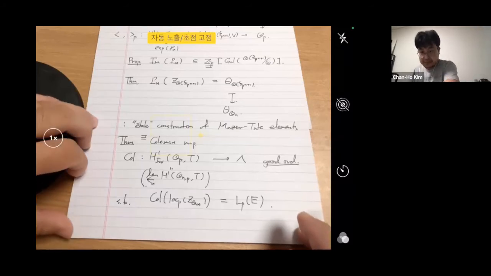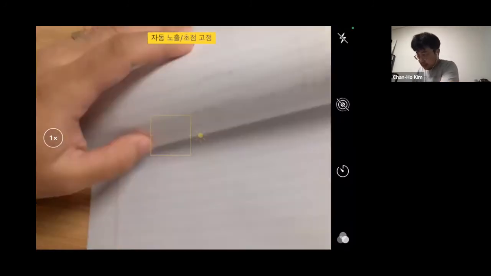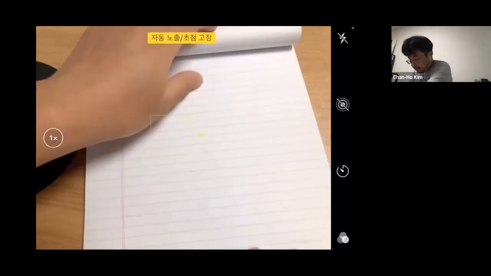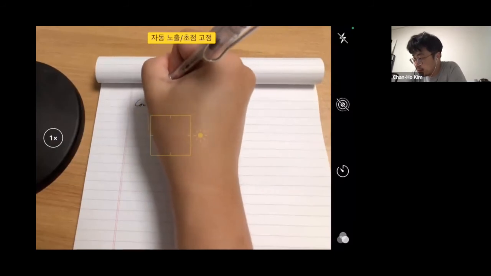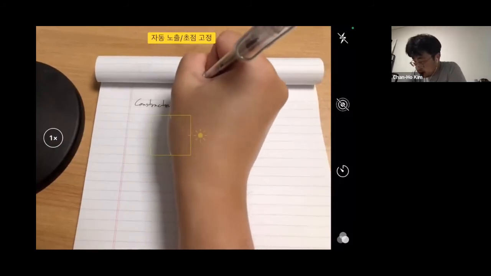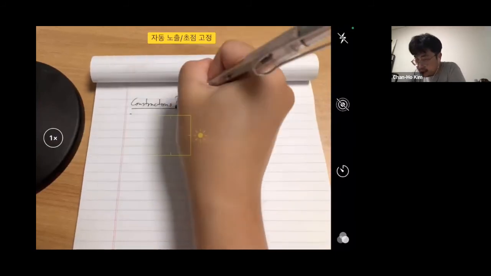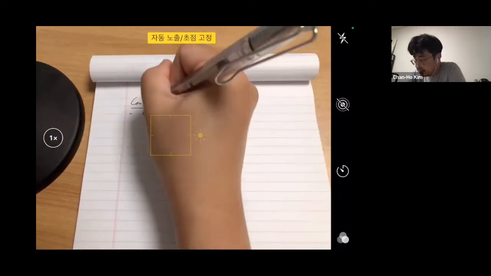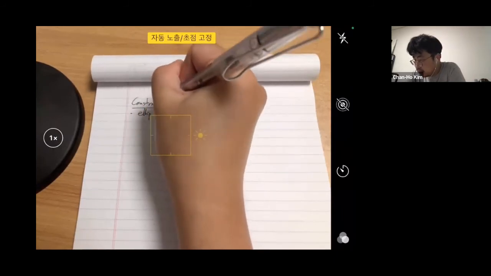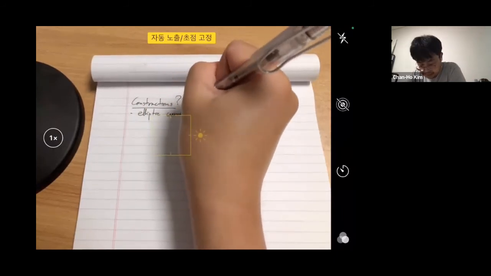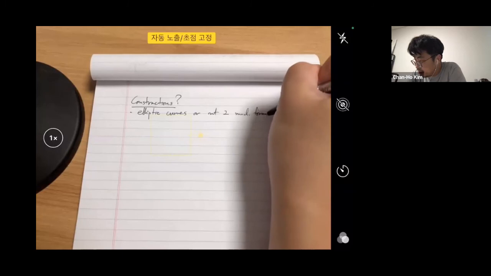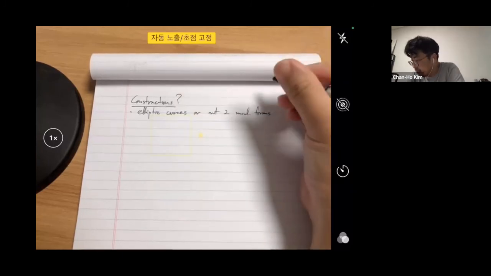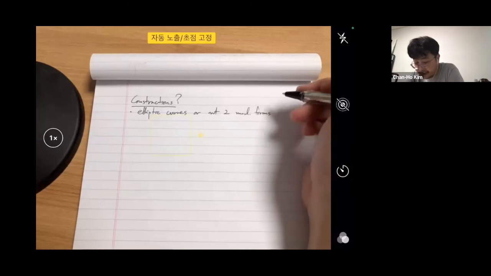So let me just say some words on the construction of the Kalman map. How do we construct the Kalman maps? When we consider elliptic curves or weight 2 modular forms, the elliptic curve itself is a geometric object, and for weight 2 modular forms we can attach modular abelian varieties.